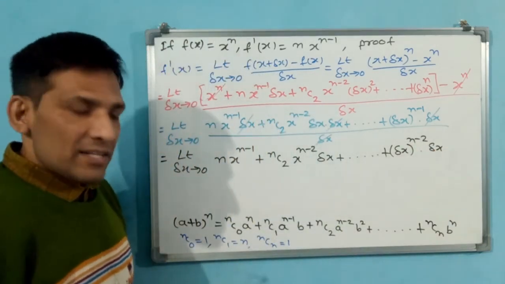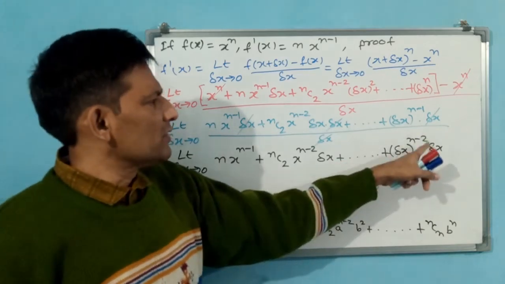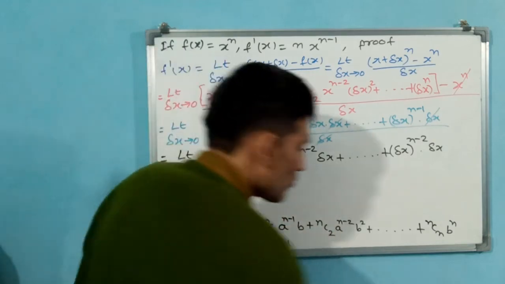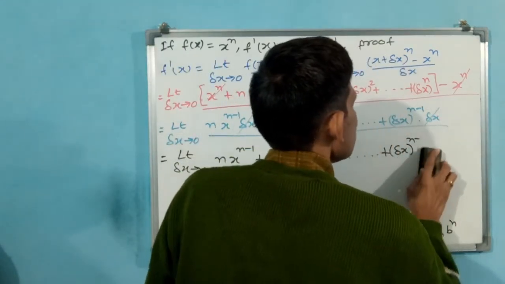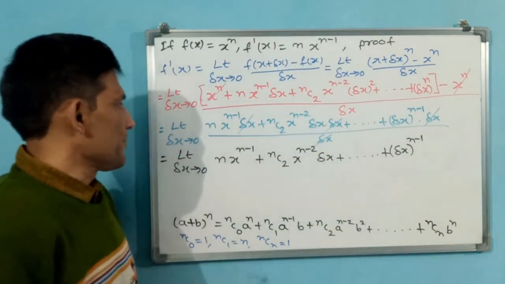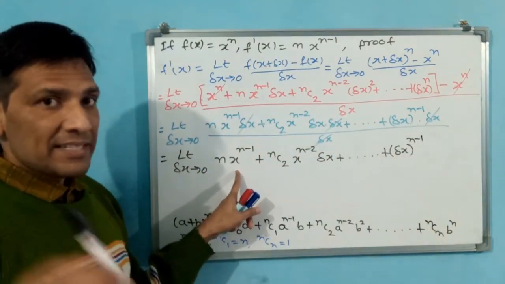Even if I don't write n minus 1, if you substitute 0, all will become 0. You keep it like this. Now the denominator delta x is not there.